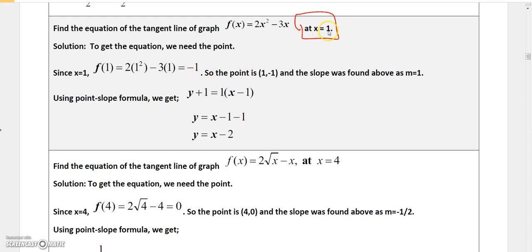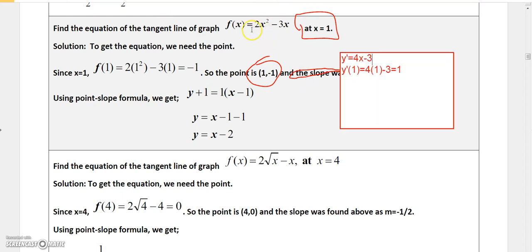So the point at x equals 1 would be, the x value would be 1 and the y value would be negative 1. Now this says the slope was found above as m equals 1. It actually wasn't found above because I did it above. But let me just show you real quick how to find the slope.